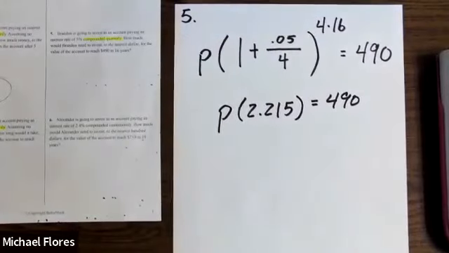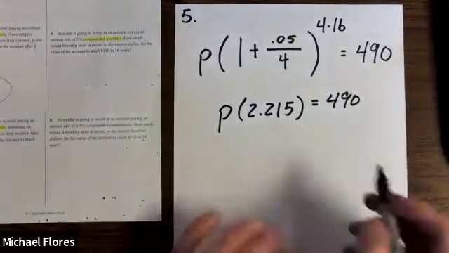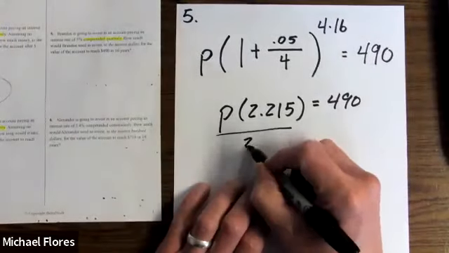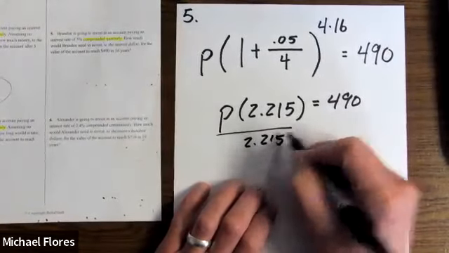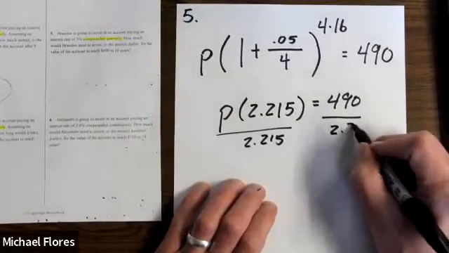Okay, now, how do we solve for P? What do you think? Divide both sides by that amount.